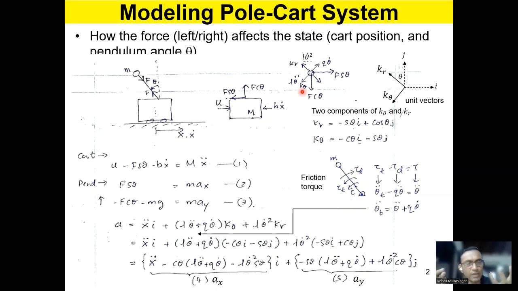Because you are working with vectors, I want to assign this unit vector to refer to these accelerations, where acceleration is a vector. L theta double dot is not a vector, it's a scalar. So when you multiply L theta double dot with k theta, it becomes a vector. And again, L theta dot square is the centrifugal acceleration. The direction is kr. This is the radially outward unit vector in that direction. Okay.